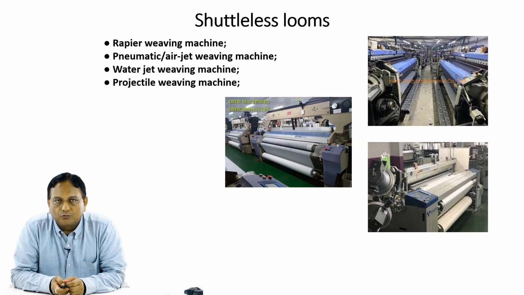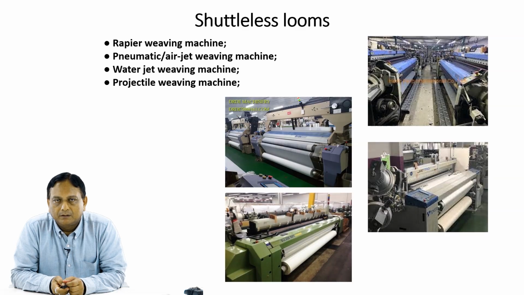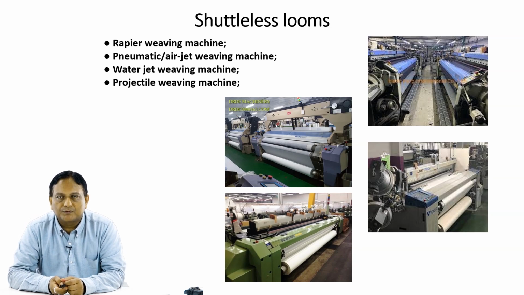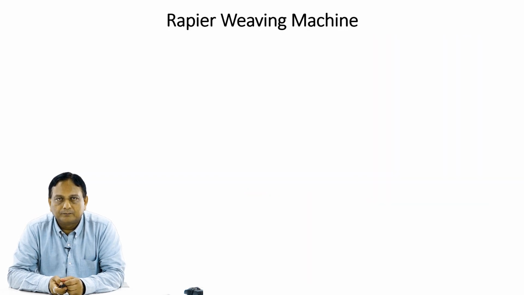Projectile weaving machines are also available and are shown in this image. So these are the basic categories of shuttle-less looms: rapier, air jet, water jet and finally projectile weaving machines.